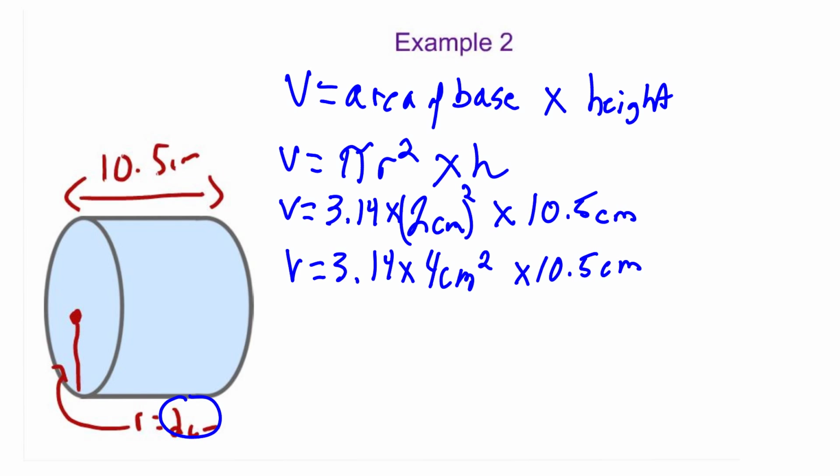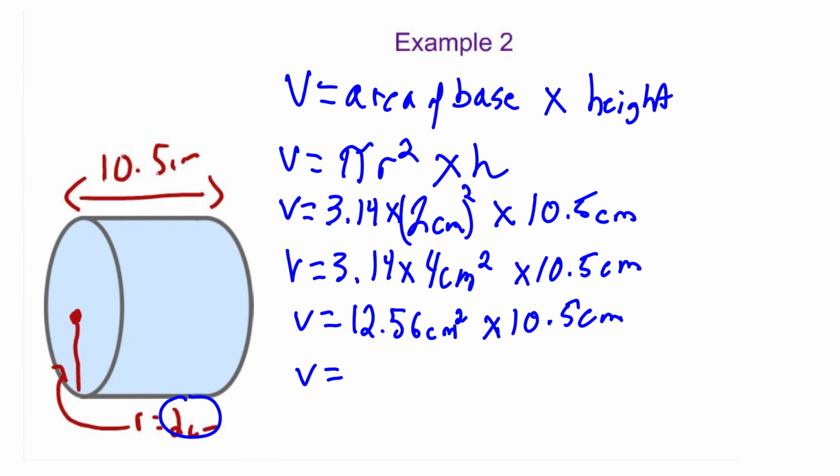Now again, we're going to multiply the area of our base. So 3.14 multiplied by 4 gives us a total of 12.56 centimeters squared multiplied by our height, which is 10.5 centimeters. And we multiply the area of our base, which is 12.56, by our height, which is 10.5. We get a grand total of 131.88 centimeters, and of course it's cubed.